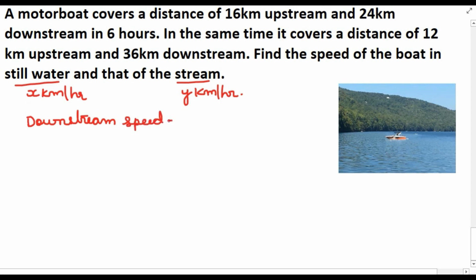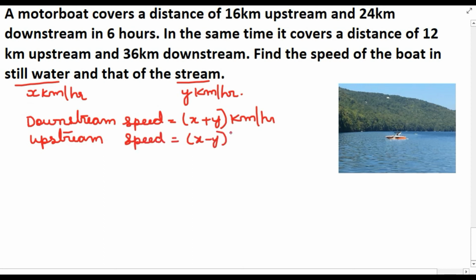Downstream speed is equal to x plus y km per hour and upstream speed will be x minus y km per hour.